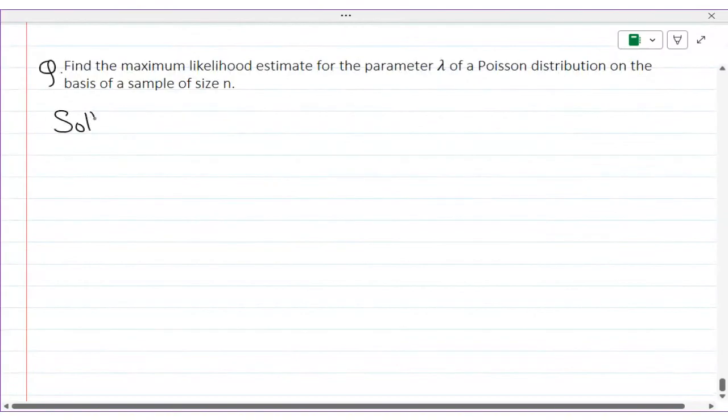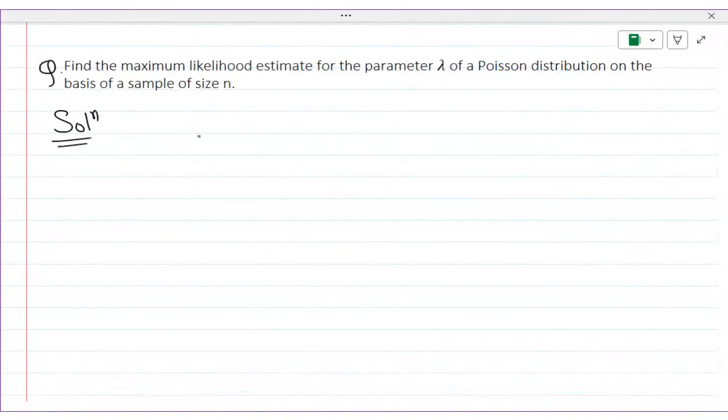Students, first of all, we will write the probability density function of the distribution they are talking about. Because they are talking about the Poisson distribution, I am writing the probability distribution function of the Poisson distribution: lambda power x e power minus lambda divided by x factorial. This distribution function we have to remember in unit 3, unit 4.